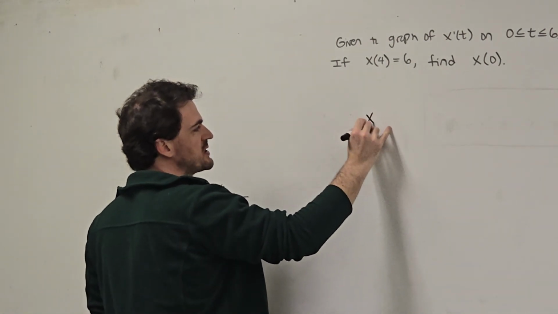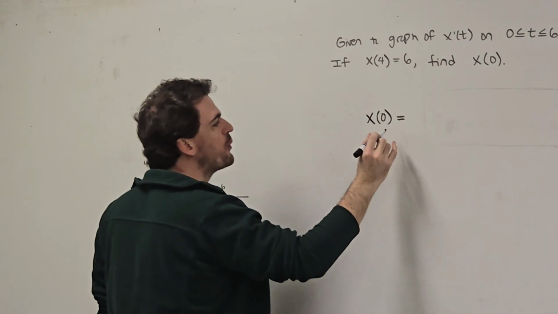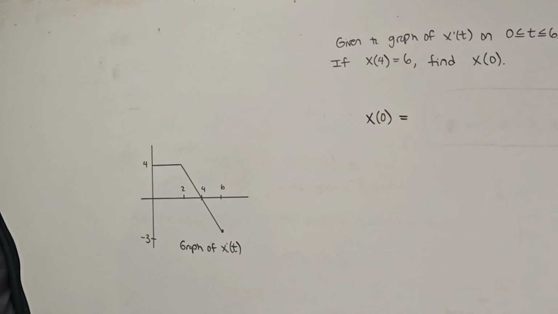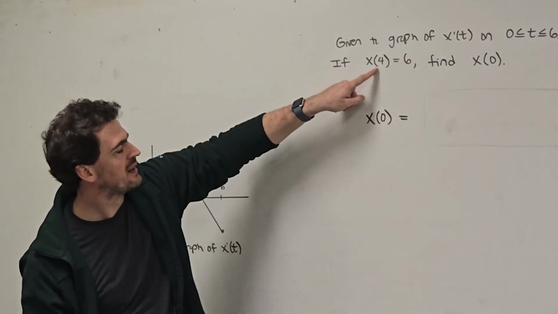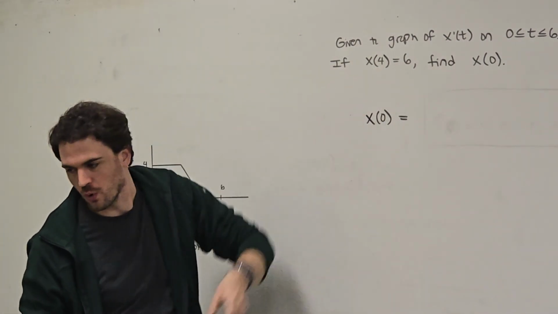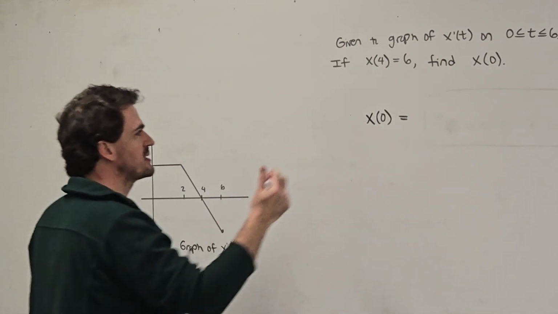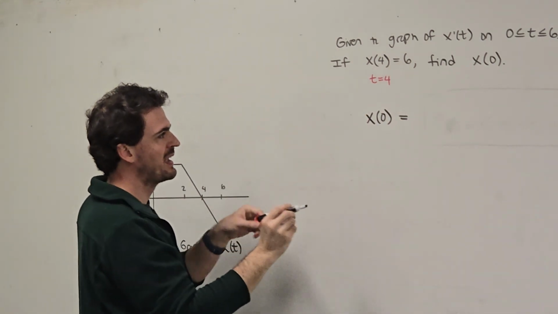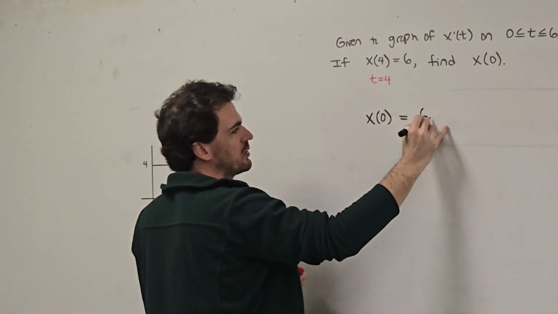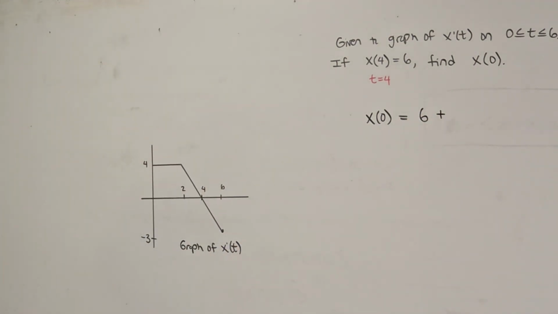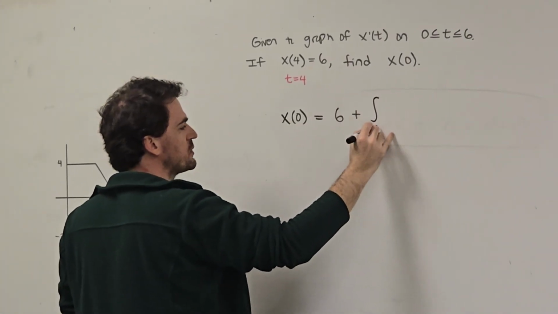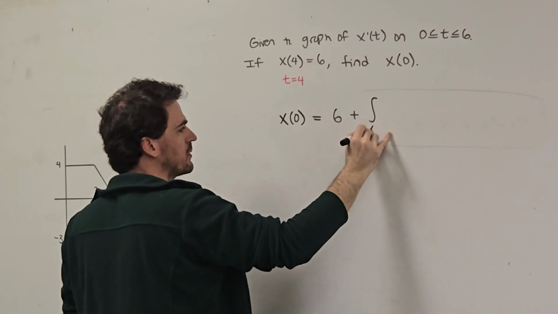I like to think of x of 0 as being where I was at t equals 4, I'm going to put t equals 4 just so it's emphasized here. At t equals 4, you were at 6. Plus, how much did you change from t equals 4 to t equals 0?